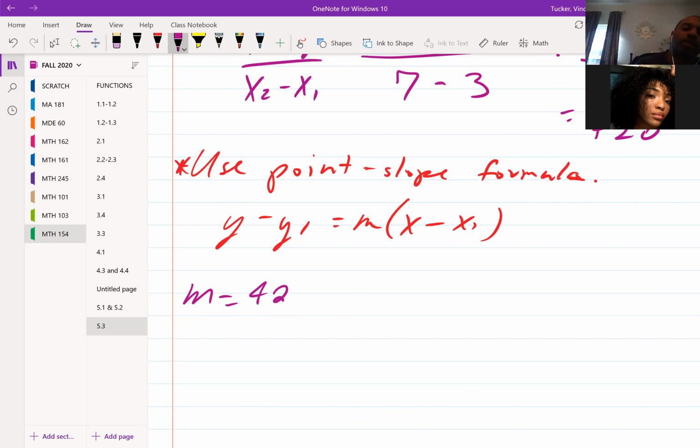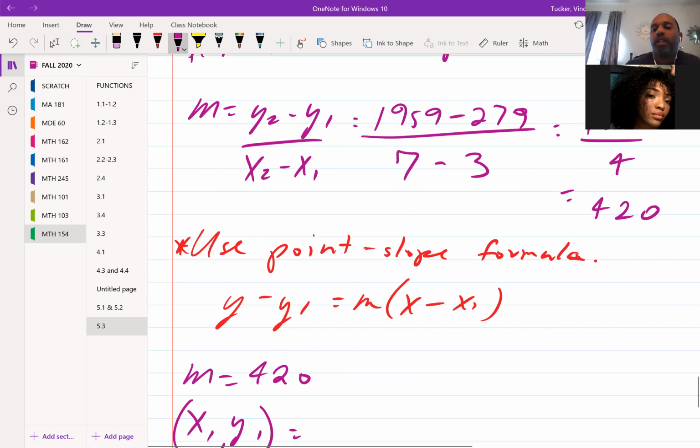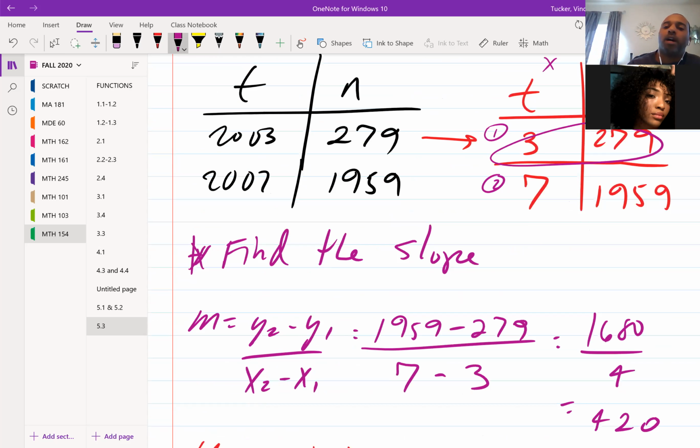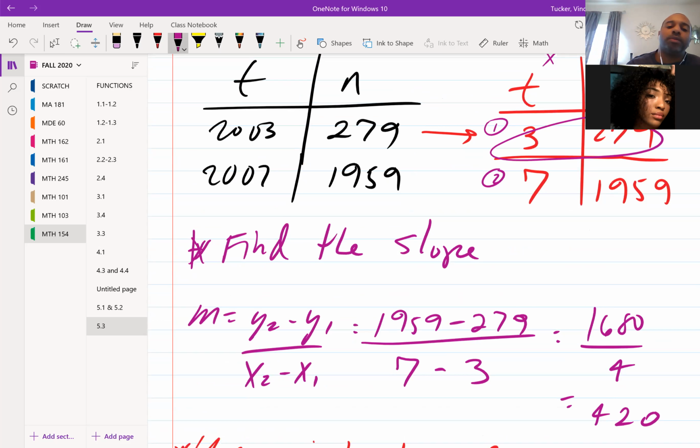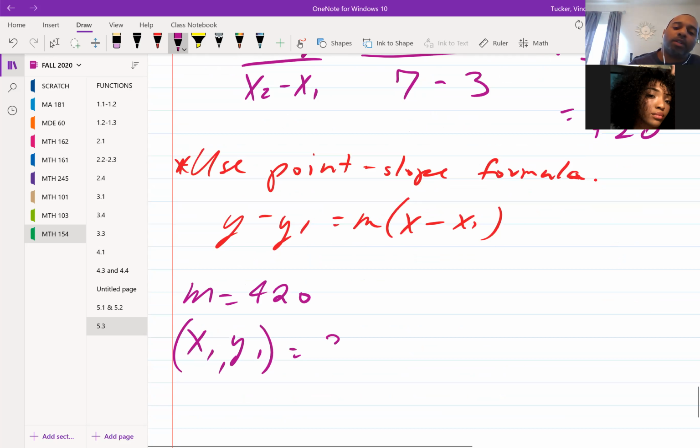and that's 420. And we can use either one of the points that we have because both of them are on the line and both of them work and it'll give us the same line. But since I've already labeled this as x1, y1, I'll stay true to it. But I could use the other point as well if I like. But we have 420 and then 3, 279 as my x1, y1.